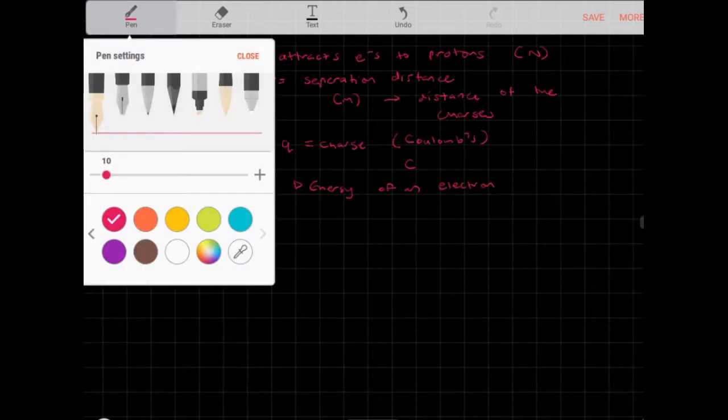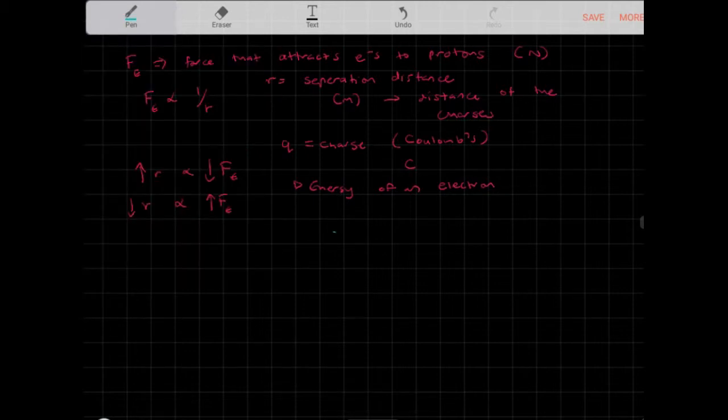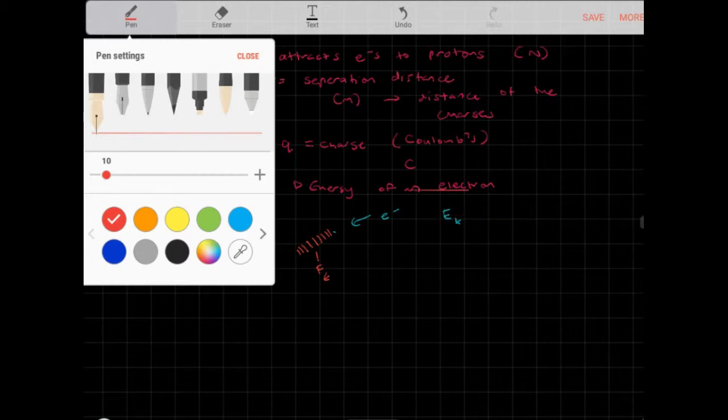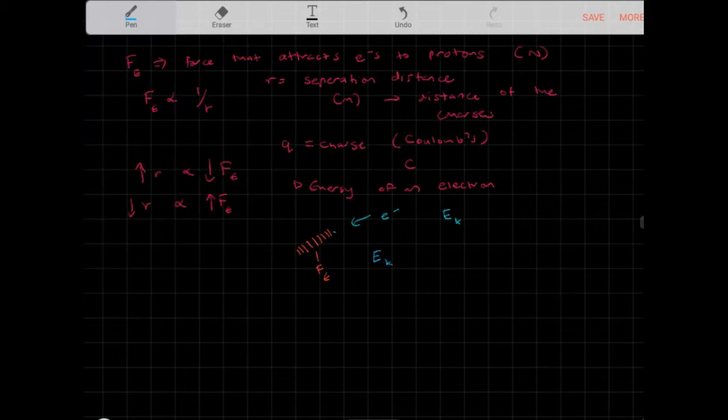So normally if I take an electron and throw it into free space, so this is just an electron floating around in space, and without any kind of attachments, it has a constant kinetic energy. But now if you add a force to it, let's say there is a force of attraction that this electron feels, so let's call this the force of attraction, now the kinetic energy is going to be affected, right?